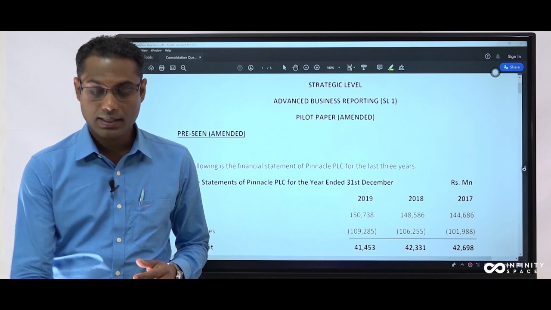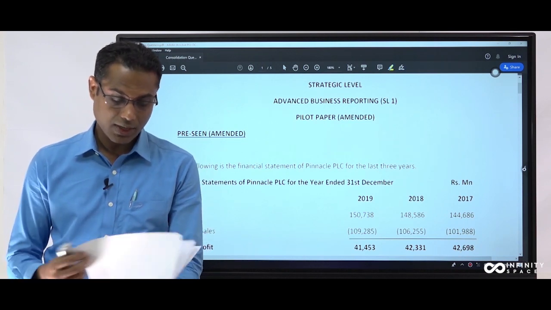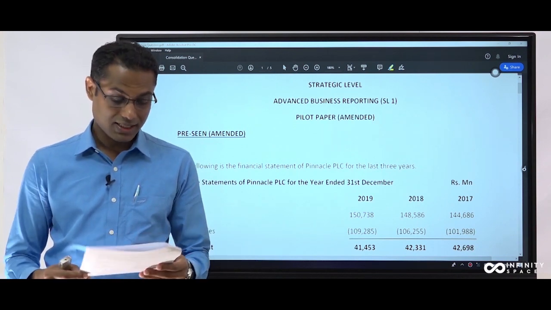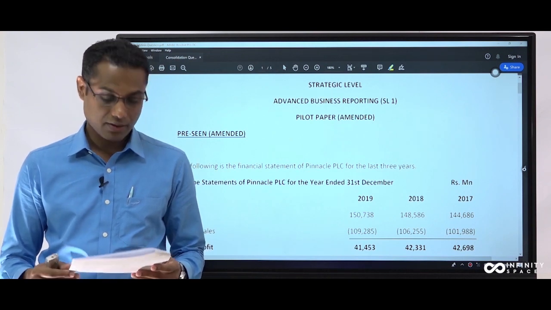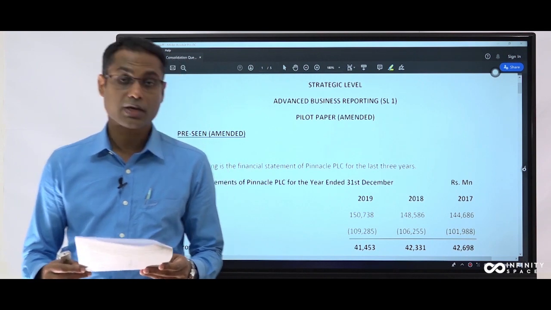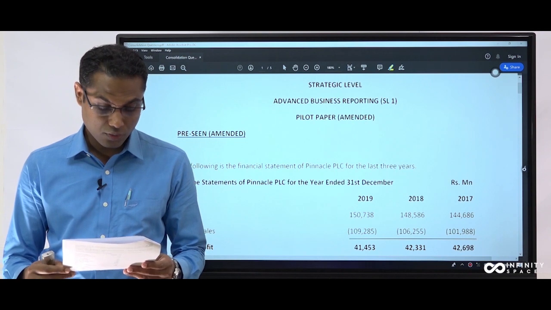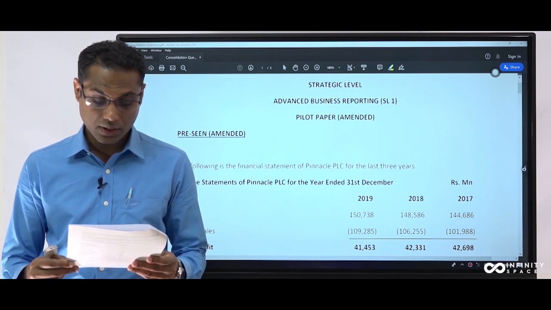In the document I have prepared, I have included the requirement of part 4 and 5. If you look at the requirement at the very end of the question, there are two requirements relating to the consolidation. One is part 4, to calculate the group gain or loss on disposal of Small Limited on 1st January 2019.